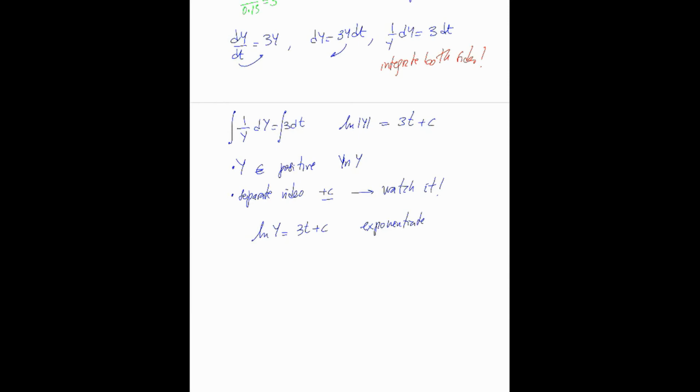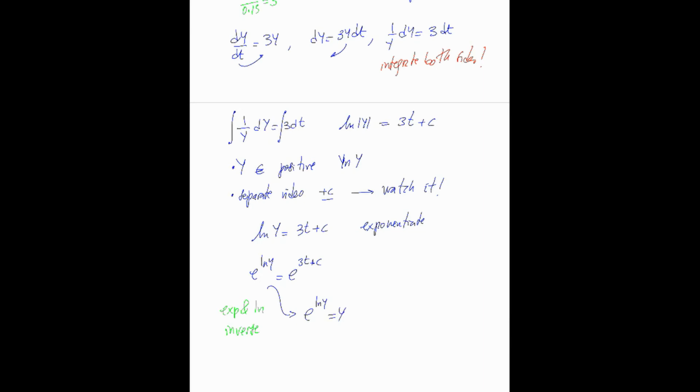We have here e to the log of y is equal to e to the 3t plus c. As we have seen many times in class, exponentiation and log are inverse functions. This means that if you do one and the other, it's like not doing anything. So from here, we have e to the log of y is simply y.